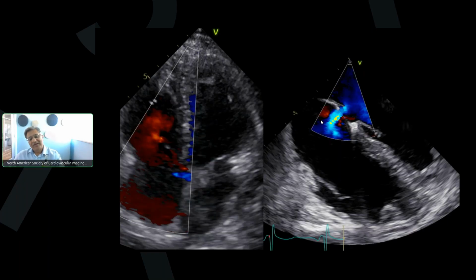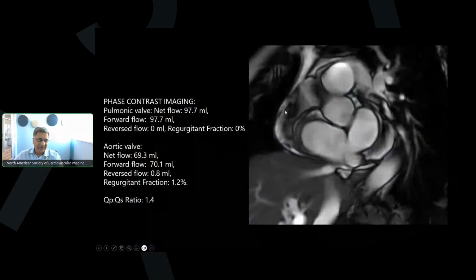They still could not explain some of these, so they requested an MR to quantify the shunt and also to look at the atrial septal defect, to look at the size of the defect and see if we can give them the size of the defect for optional occluder device placement planning. So this was an MR that was obtained, and let's take a look at the MR.